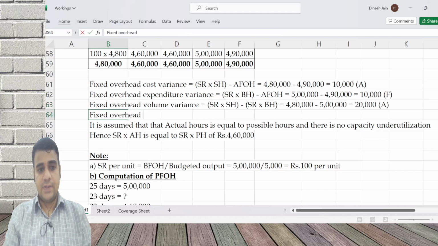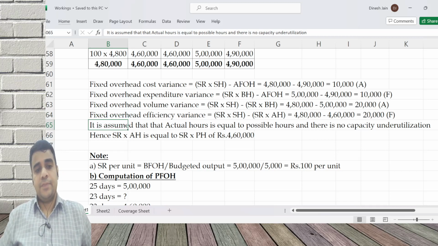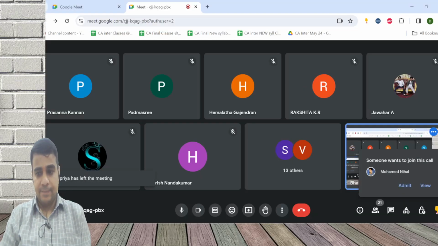And fixed overhead efficiency variance is SR into SH minus SR into AH. 480 minus 460. 20,000 favorable. Cost variance, expenditure variance, volume variance and efficiency variance.